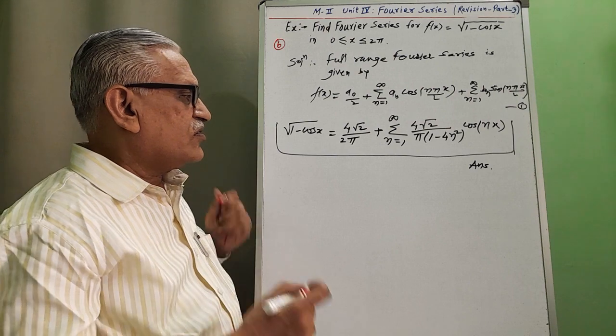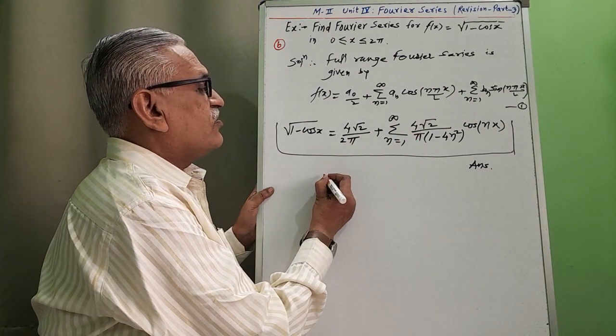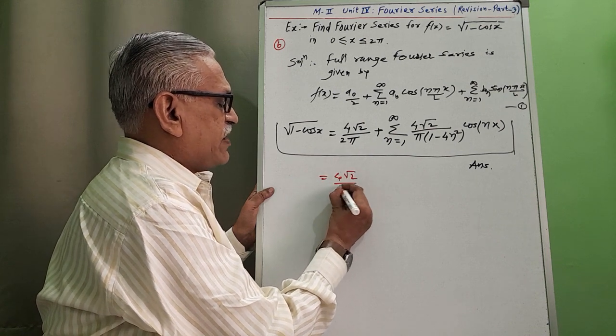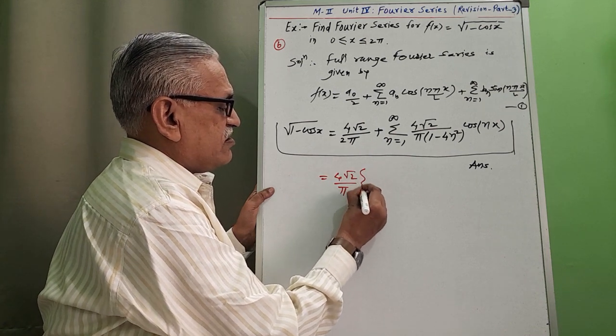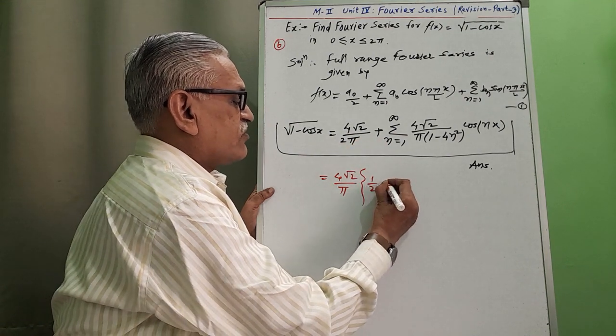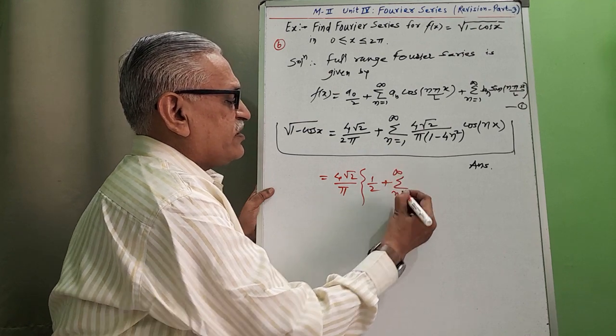This is the required result. Or from these two terms, we take 4 root 2 divided by π common. Here remains 1/2 plus summation from n equals 1 to infinity.